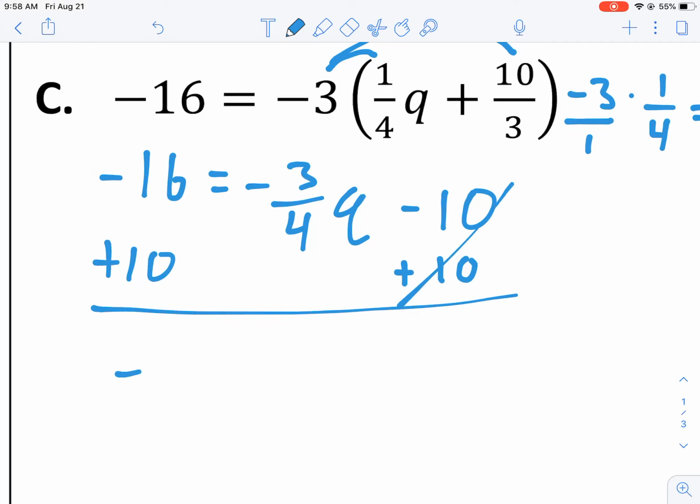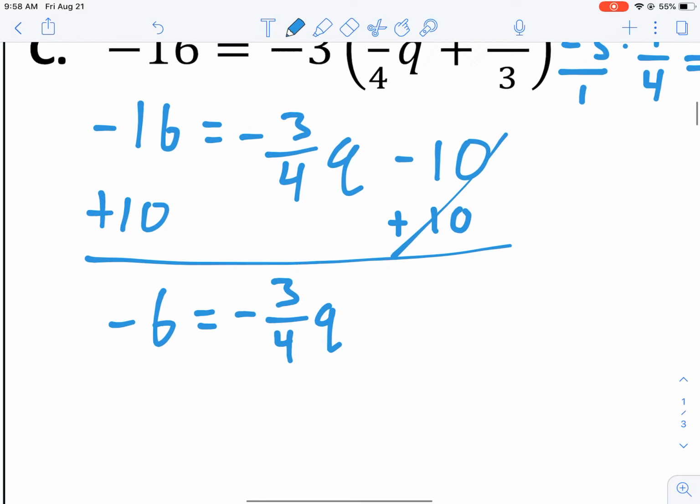Negative 16 plus 10 is negative 6. All right, and what do we do here? Our coefficient is a fraction, all right? So how do you get rid of that coefficient? Because if it's just a whole number, we would just divide by that.